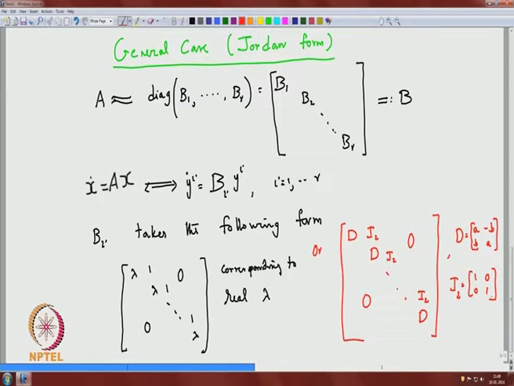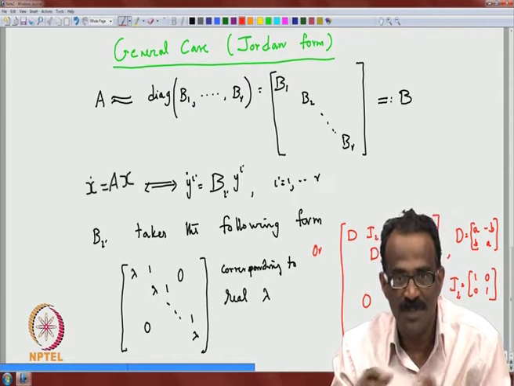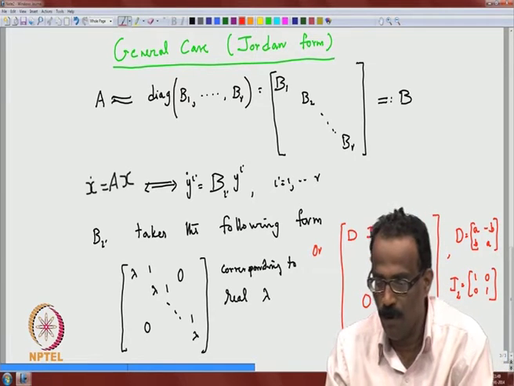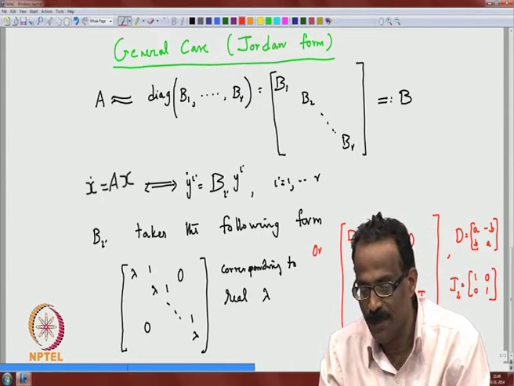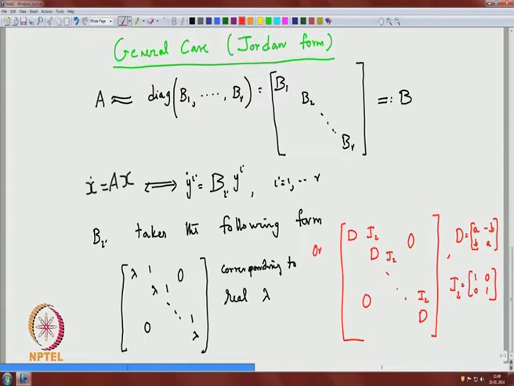So in the big block matrix, there are different blocks B1 through Br, each Bi will have different orders, and according to the eigenvalues, whether real, it takes the first form, or the form with D and I2. This again is a block consisting of 2 by 2 blocks, corresponding to complex eigenvalues.